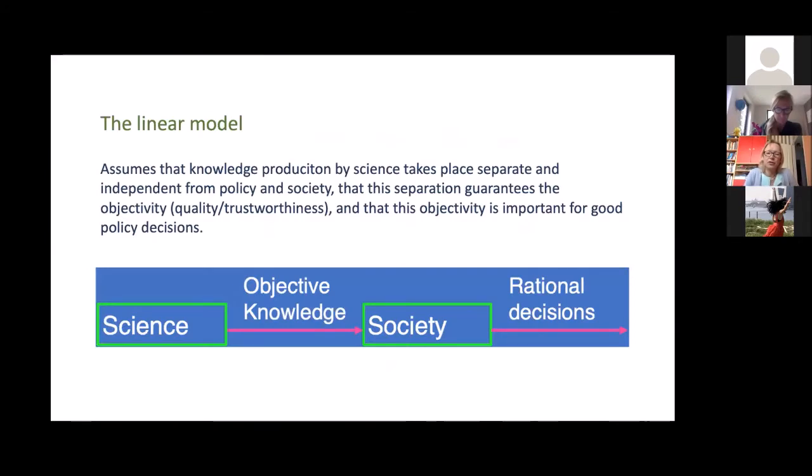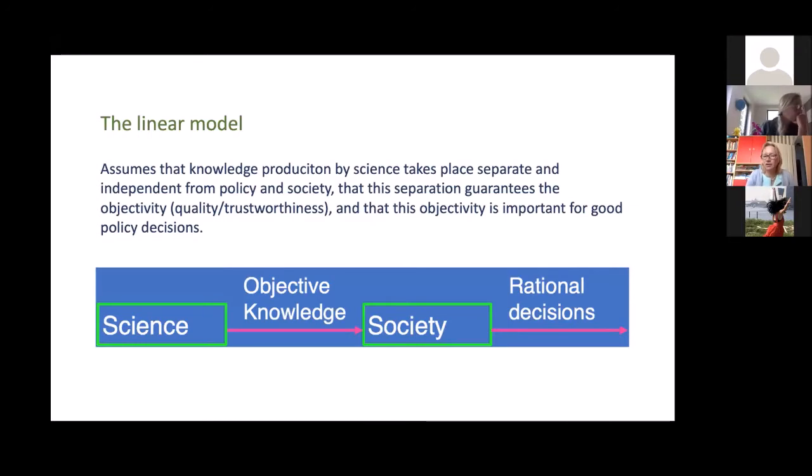So first of all, when you come to this topic from a science and technology studies background, the one key reason why the move towards these approaches has been initiated is as a result of the problems of what has been called the linear model, in which knowledge production by science is separate and independent from policy and society.